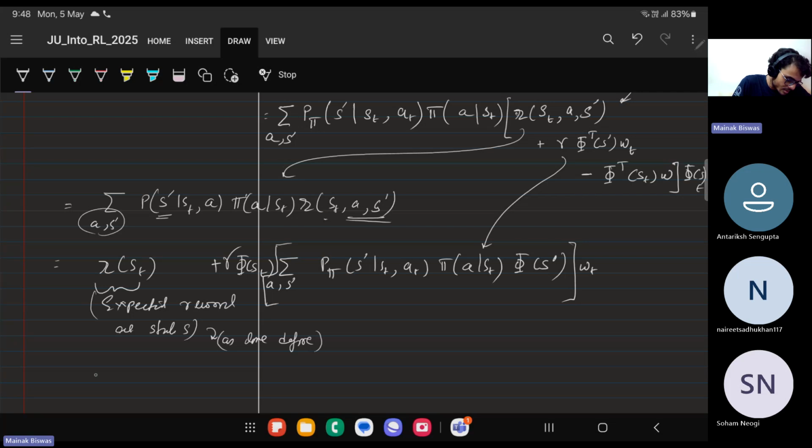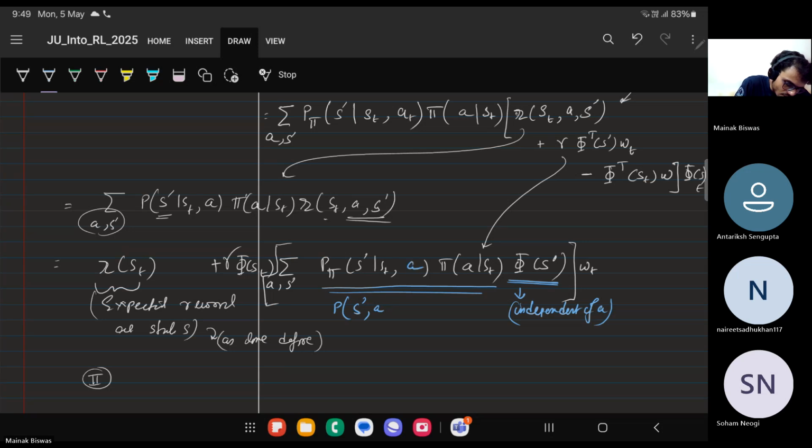Let us try to do the second term. How do I do the second term? Do you see this term is independent of A, right? Isn't it? It's independent of action. So this term becomes the product of S dash and A given ST, and you're summing over all actions and states and phi of S dash. So which one will marginalize out?